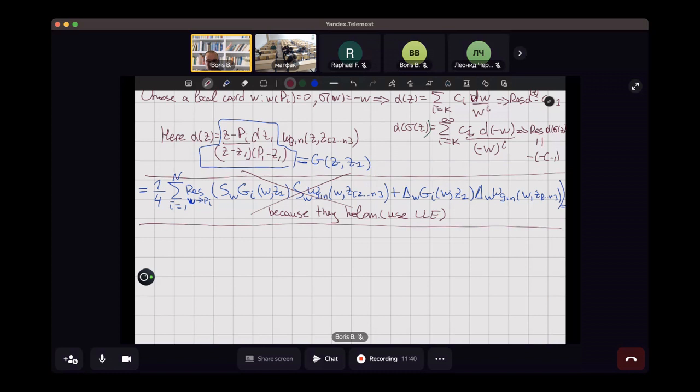Here is delta G, delta omega, so you need to divide by delta omega 0. This is the quadratic loop equation, and then we have the following.